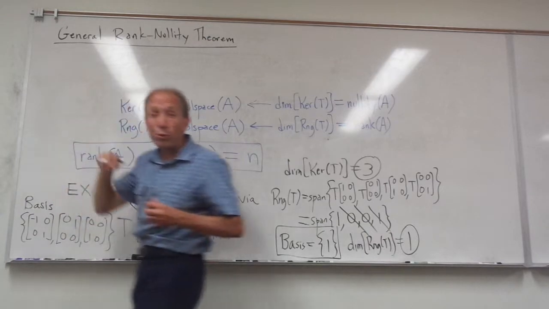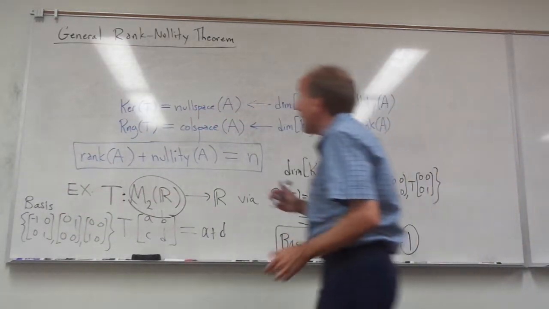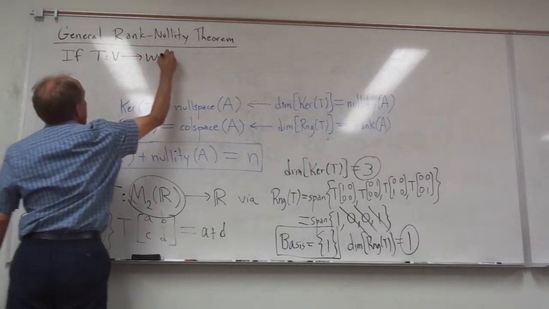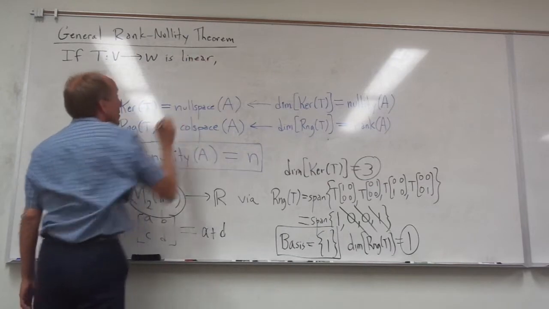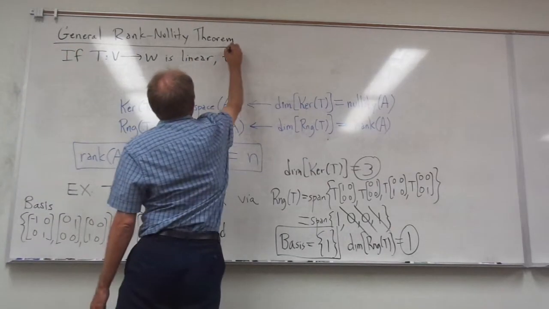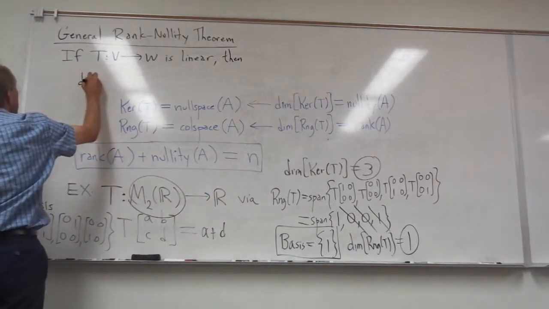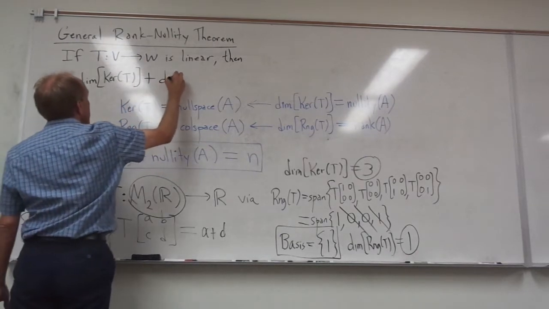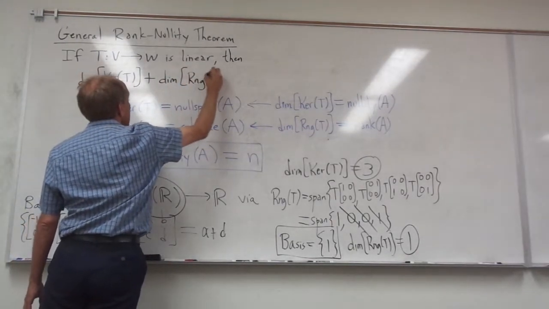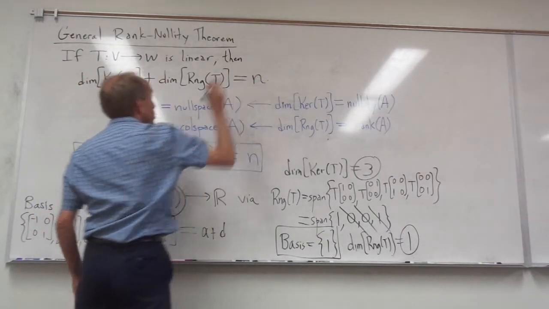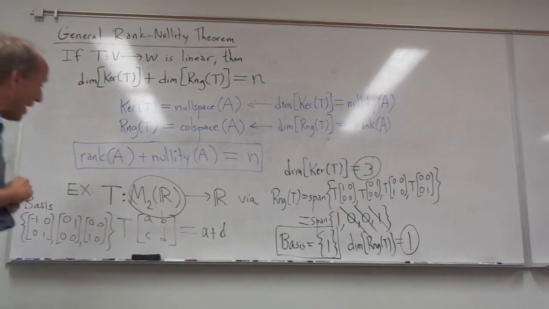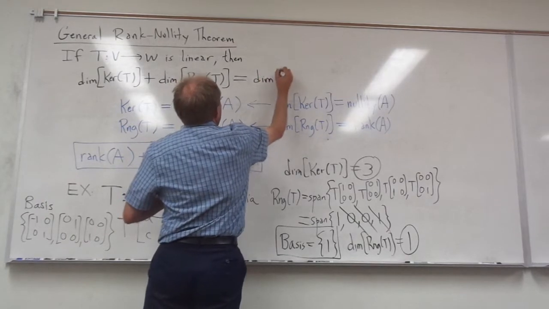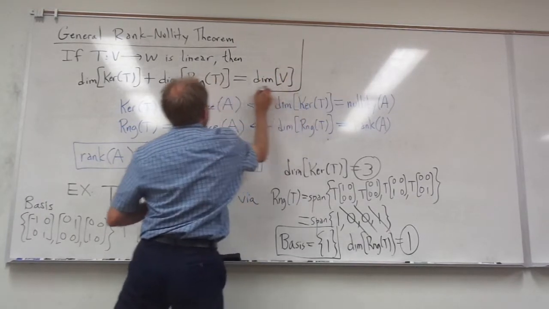I'm not going to bother to prove it today, but it is a fact that if T from V to W is linear, then there is a nice relationship between the dimension of the kernel of T and the dimension of the range of T. Namely, they are going to add up to n for sure, where n is the dimension of V. We usually use n for that, but I should just write it as dimension of V here.